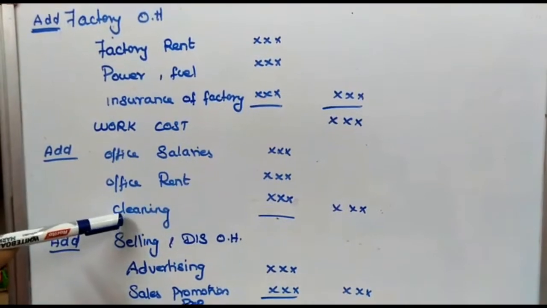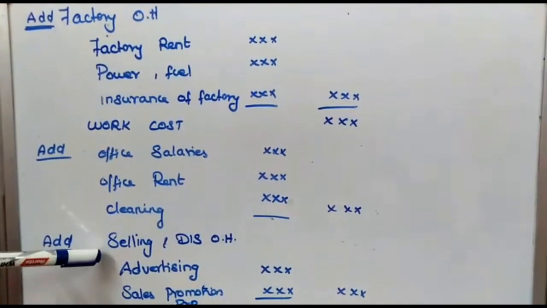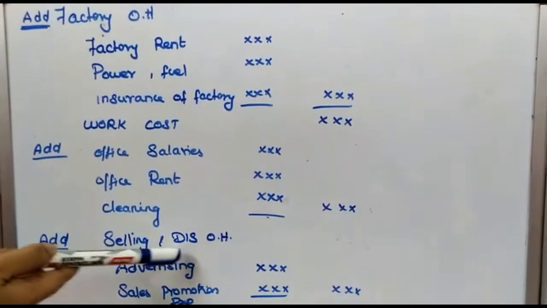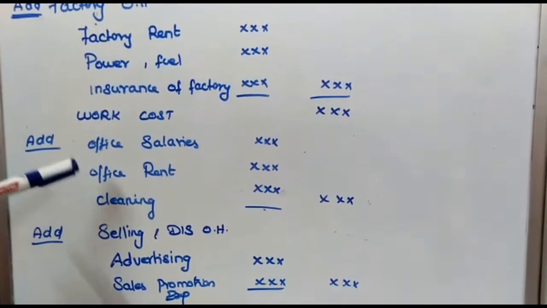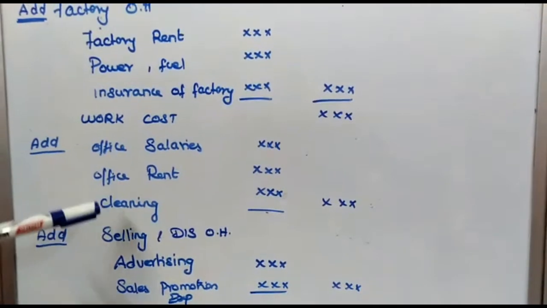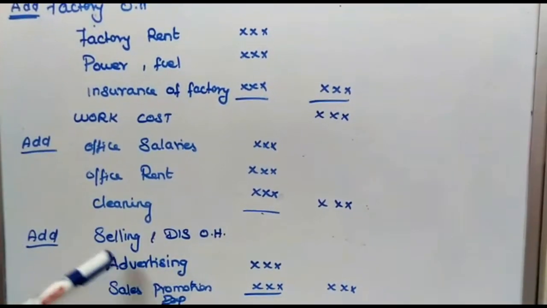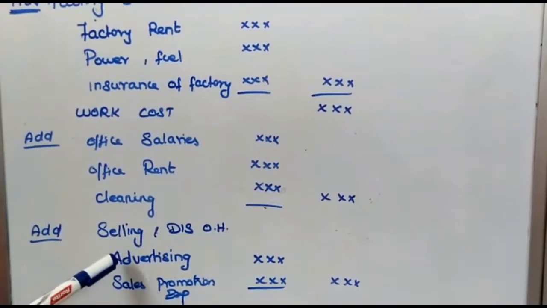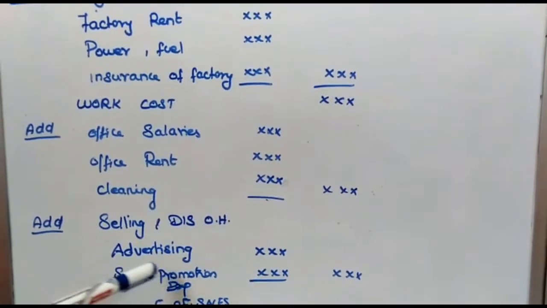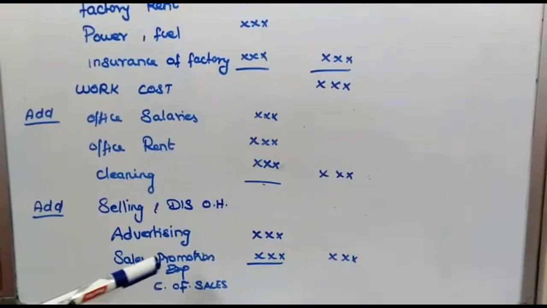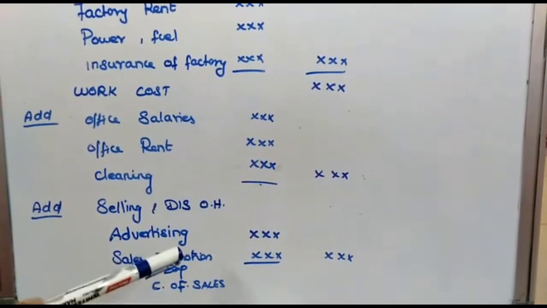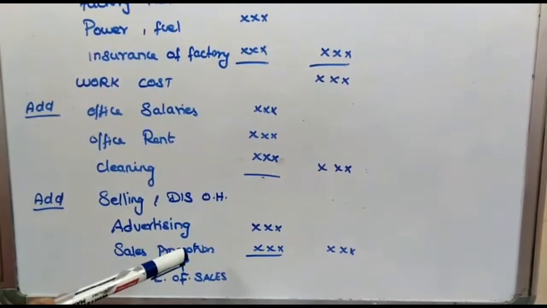After getting the cost of production, we will add our selling and distribution overhead. Whatever we did in our normal cost sheet, in the same manner we will do in this format also. Some examples of selling and distribution overhead are advertising, salesman salary, samples, free gifts, sales promotion expenses, showroom rent, whatever it may be.